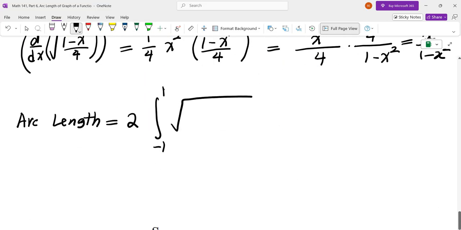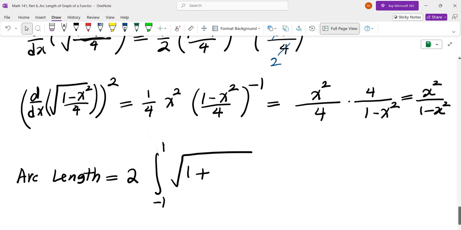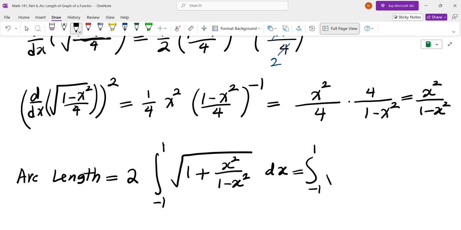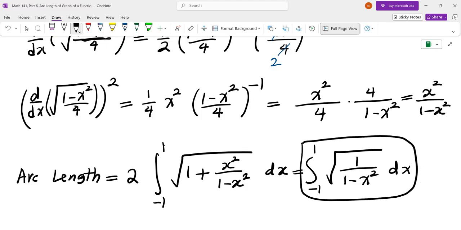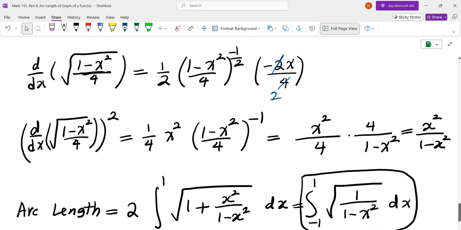And then we have the square root of 1 plus, we did all the computation here, so that's x squared over 1 minus x squared dx. And simplifying that gives us the square root of, if you take the common denominator, 1 over 1 minus x squared dx. And that is the answer to the problem. And they asked us to not simplify, so we don't really need to simplify that anymore.